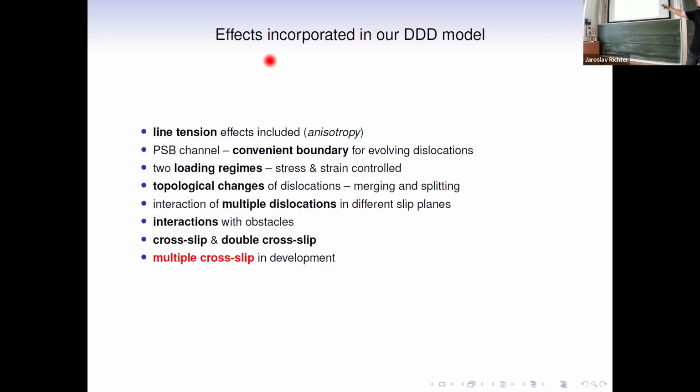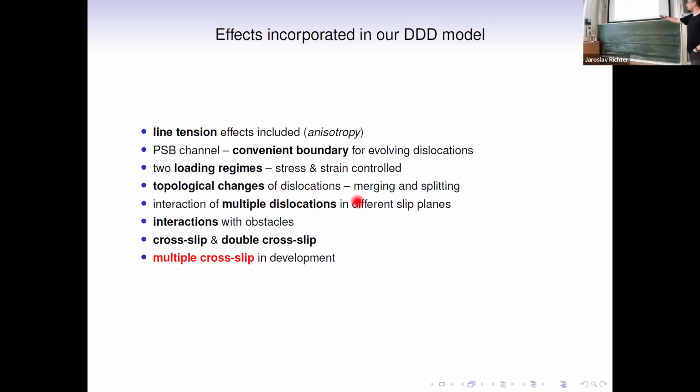So far, we've got the effects which we have already more or less successfully incorporated in our model. First, the line tension effects, which is a kind of anisotropy and self-force effects. Then the PSD channel, which I call the convenient boundary for the evolving dislocations, restricted to the type of material which we are trying to simulate. Different loading regimes, and topological changes of the dislocation, because they can interact with one another, and sophisticated things like merging or splitting can appear.